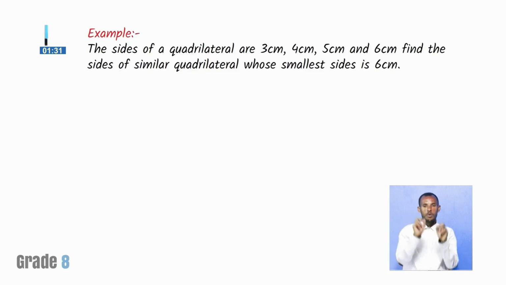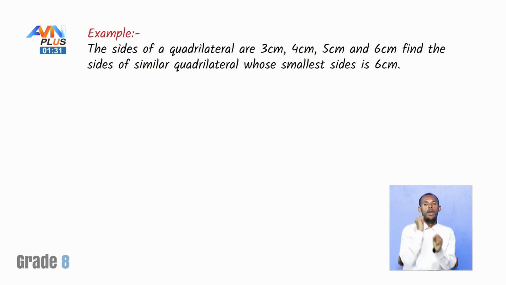Okay, the sides of a certain quadrilateral are given as 3, 4, 5, and 6 centimeter respectively. Okay, a quadrilateral means a 4-sided polygon. Okay, you need to know this one. So this is given.